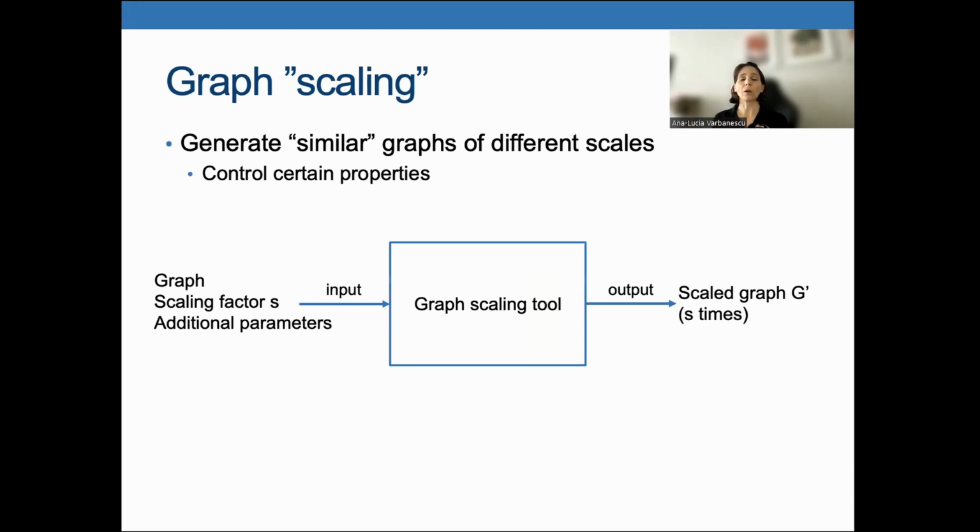What we wanted to do, and this again is just a very brief intermezzo, because I really think this is a promising direction, was to come up with a way to generate controlled graphs. There are many graph generators out there, most of them much more complicated than ours. What we wanted was a very simple operation, namely graph scaling.